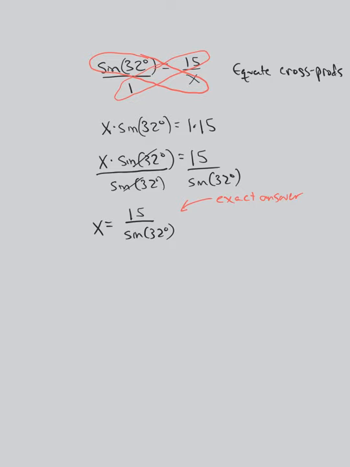Now to get the approximate, if you were working and someone asked you to determine that length for them, and you told them, oh, it's 15 divided by the sine of 32, they might roll their eyes at you. So now we want to actually get the answer to this problem.